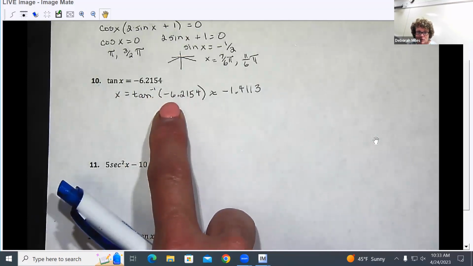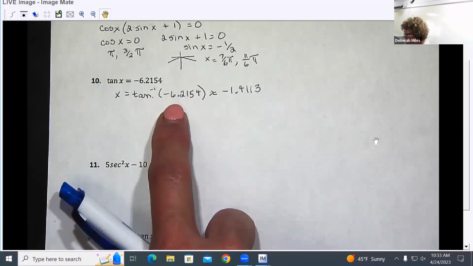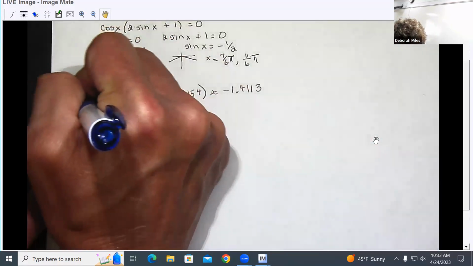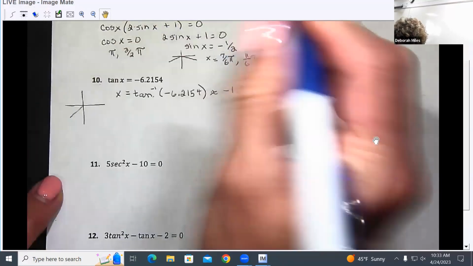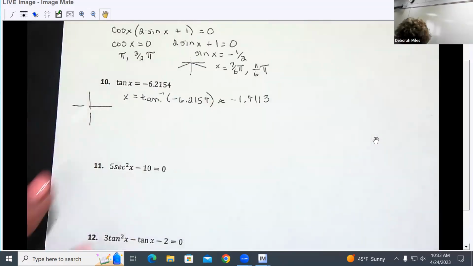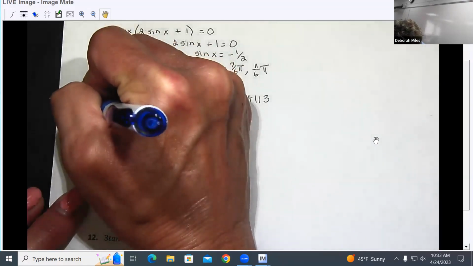You think about the two quadrants where tangent has a negative value, that would be quadrant 2 and quadrant 4. And so I don't know exactly how many degrees or radians it is, but oops, that angle is in the wrong place. Quadrant 2 and quadrant 4.